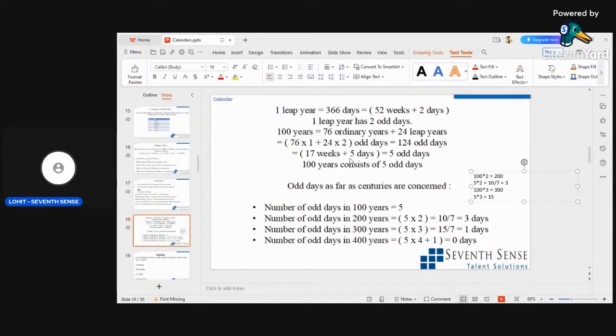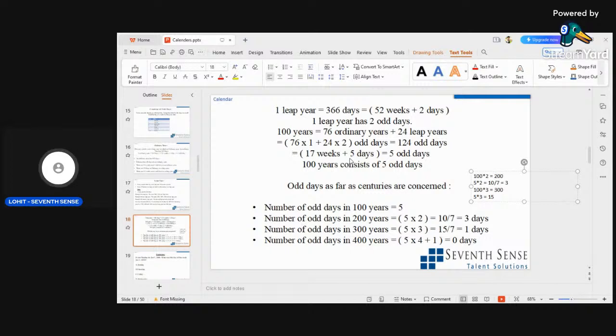That is a non-leap year, so I'm considering it as a normal year only. But when you calculate for 400, that 400th year, the last year, will be considered as a leap year. For that reason, I have added 1 there, and for that reason, I'm getting the answer as 0. Understood? So this much is the concept. Okay, so this is the concept you need to remember.